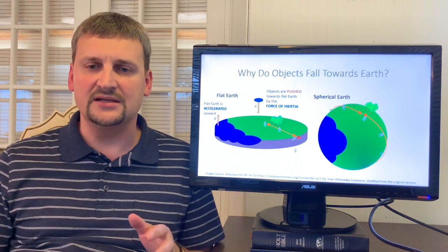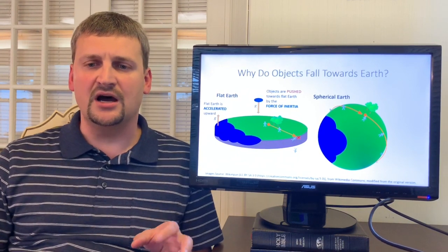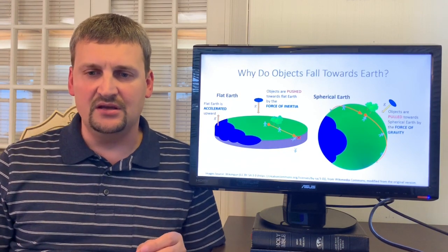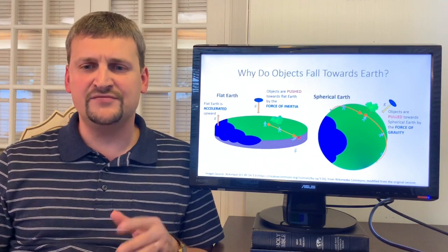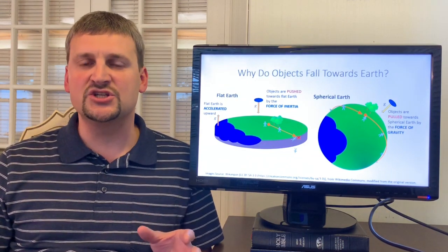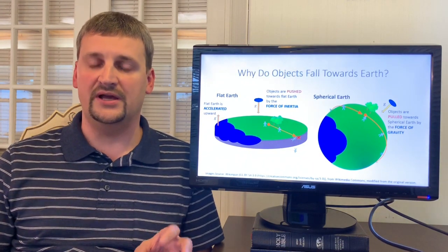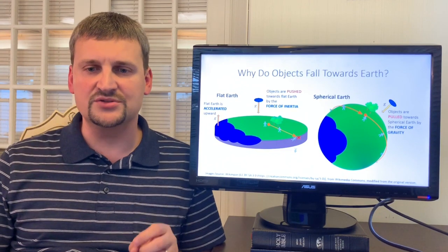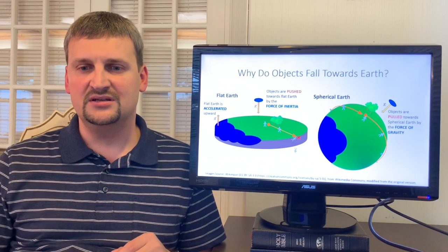On the other hand, on spherical Earth, objects are pulled to Earth by the force of gravity, with acceleration equal to g. So we have two very different explanations for g, which physicists call the free fall acceleration. G in these two scenarios is produced by two different forces.